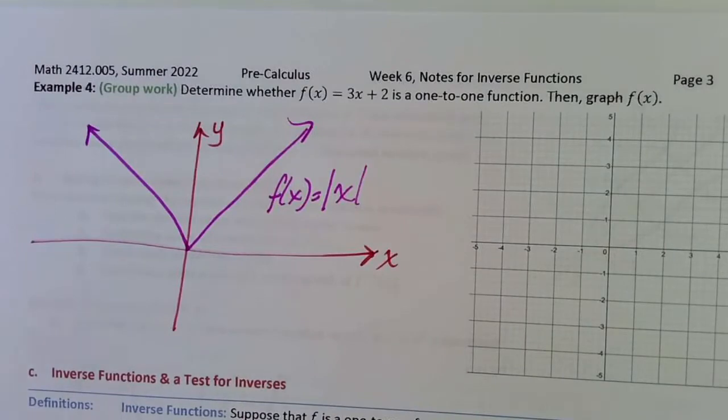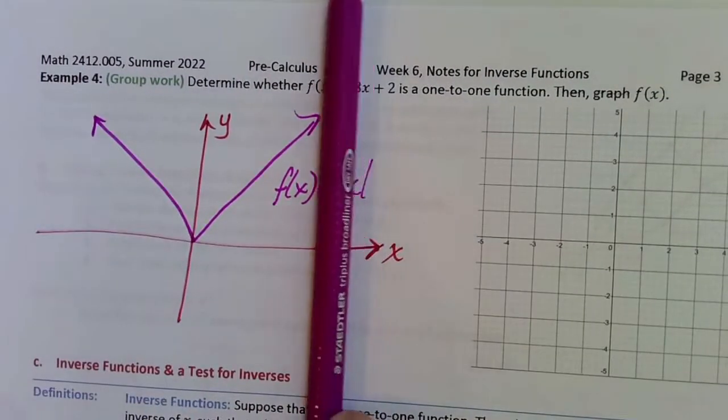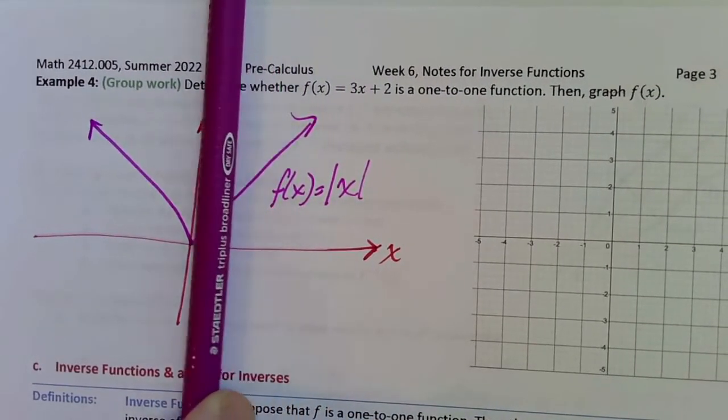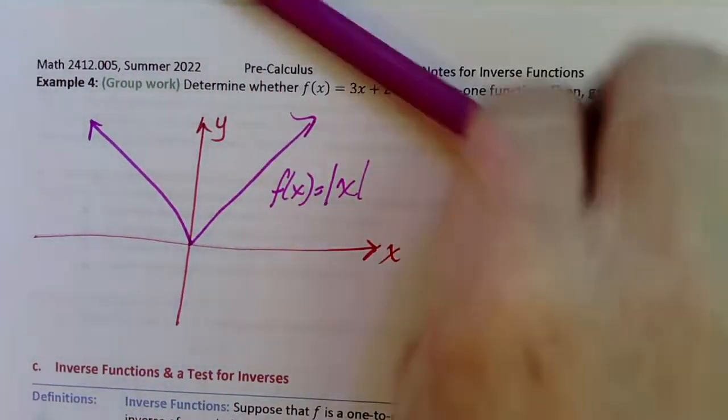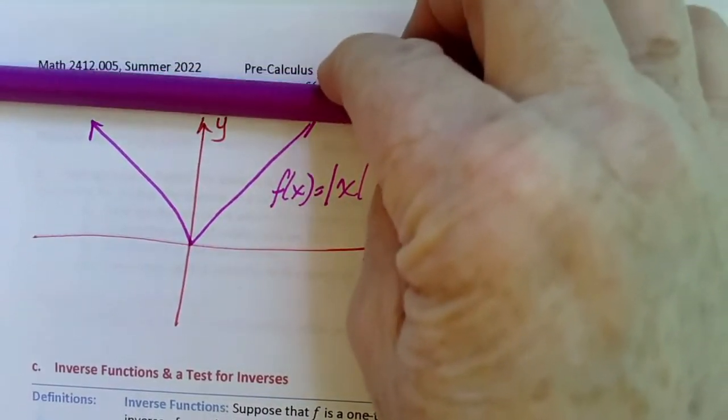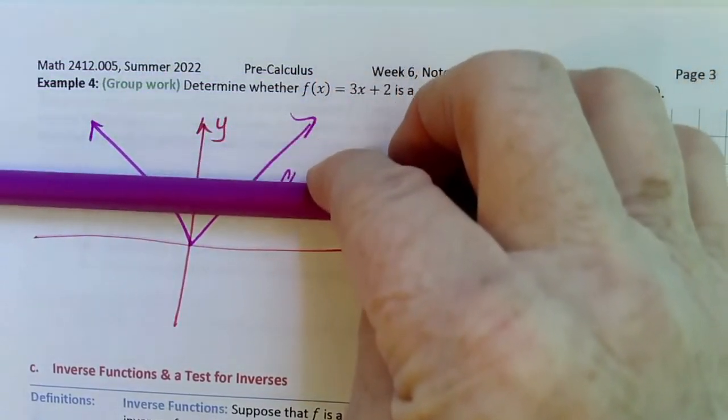Can you see that absolute value is a function? Vertical lines cross only once, but it is not one-to-one. Horizontal lines cross twice.